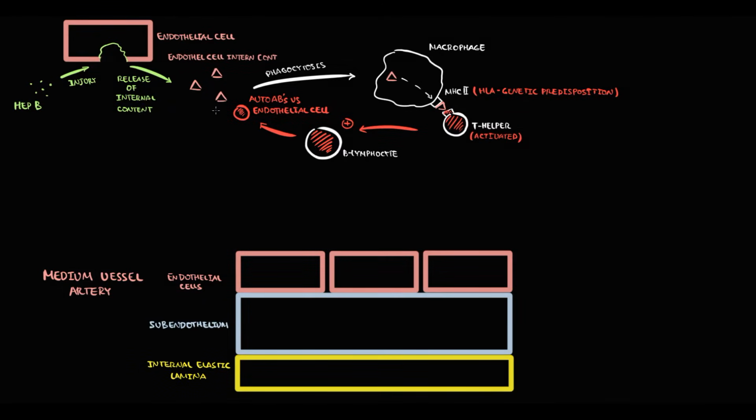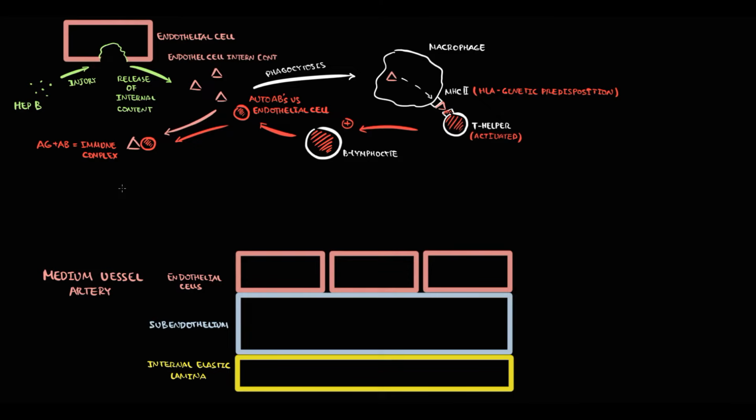These anti-endothelial cell antibodies bind to endothelial cell particles with formation of immune complexes. In this case, immune complex is composed of self-antigen, which in this case are endothelial cell particles, and antibody. In this case, it's autoantibodies against endothelial cells.